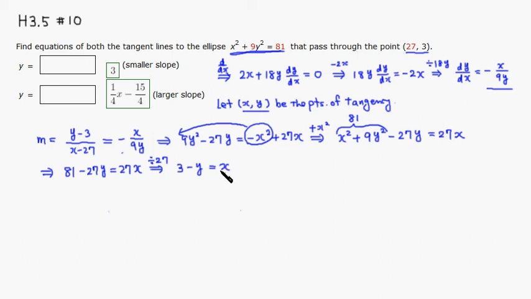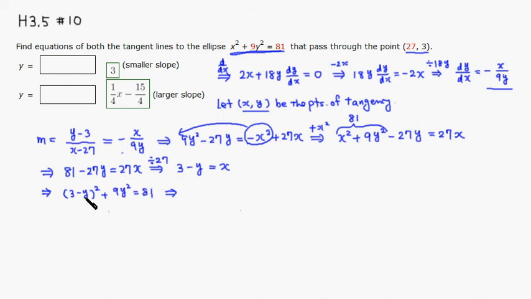Okay, so we can plug in 3 minus y for x in this equation of the ellipse. So you will get the quantity (3 minus y) squared, because that's the same thing as x, plus 9y squared is equal to 81. Then multiply it out.